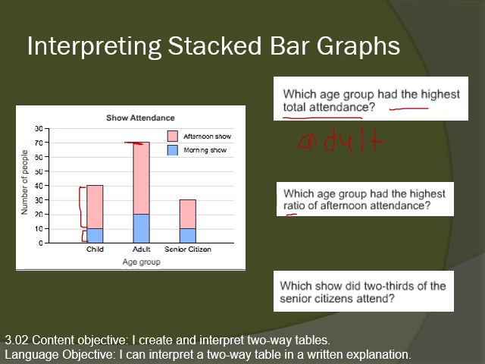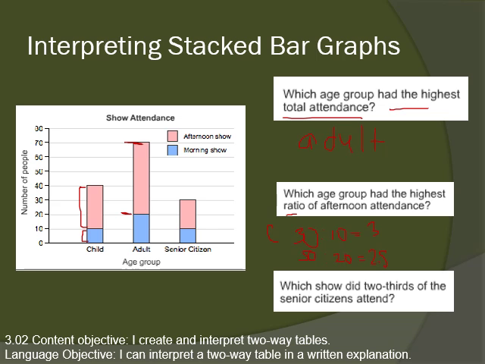Afternoon's the pink. So I'd go 30 to 10 for the children. I'll put a C for that. And then adults, they had 50 to 20. So this is going to come out to 3. This is going to come out to 2.5.